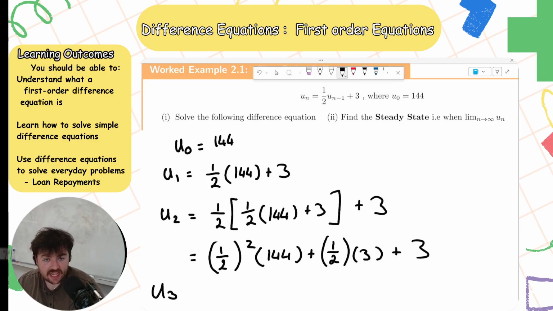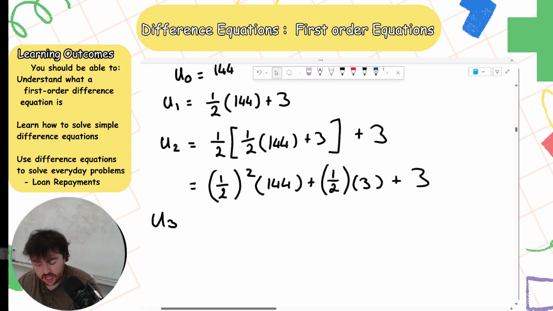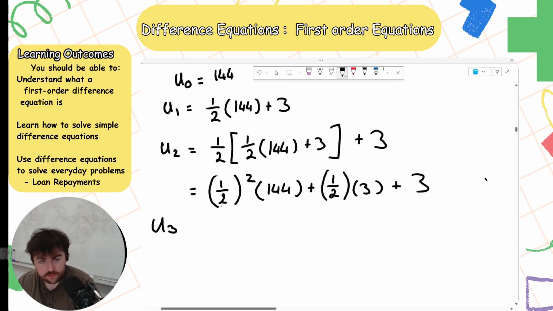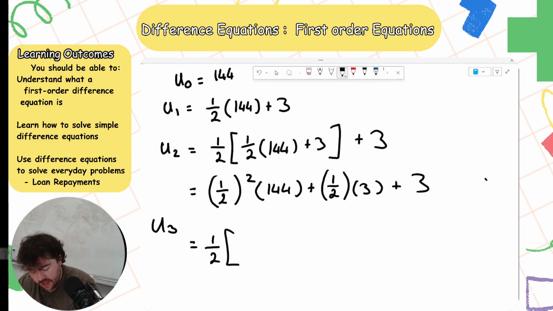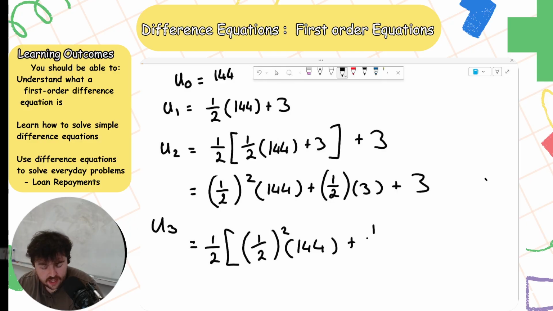U3, my next term after this, is going to be half my previous term. So it's half all of this. So it's going to be a half times a half squared times 144 plus a half times 3 plus 3.